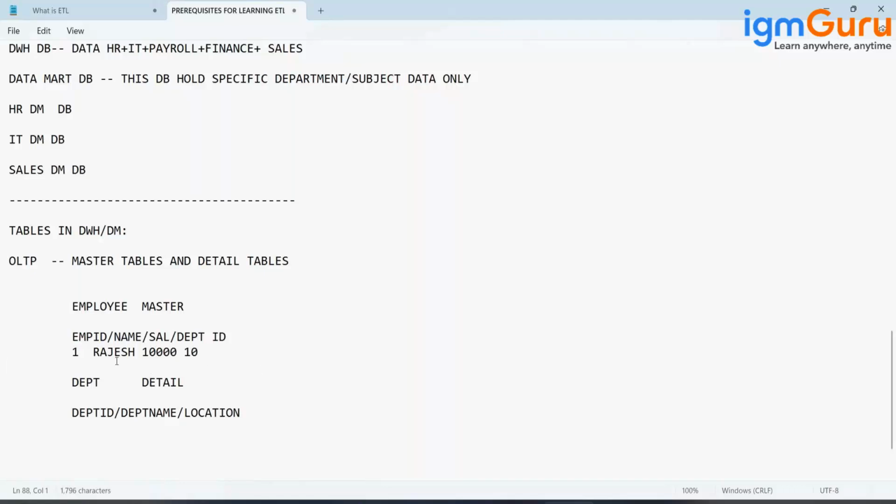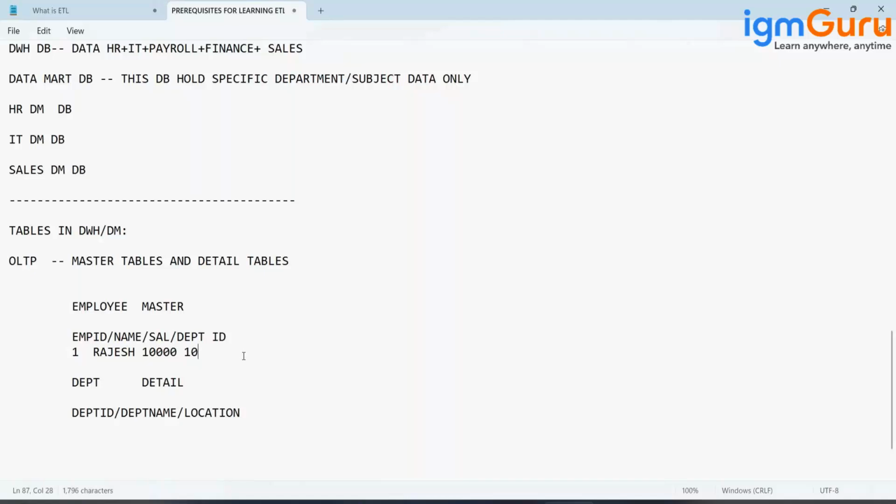If I want to find out which department this employee belongs to, it says department ID 10, but we don't know the name of the department.